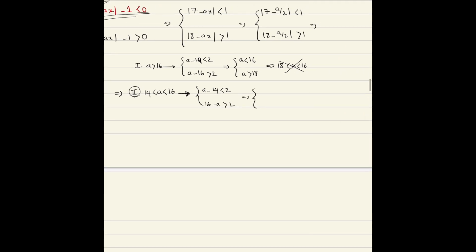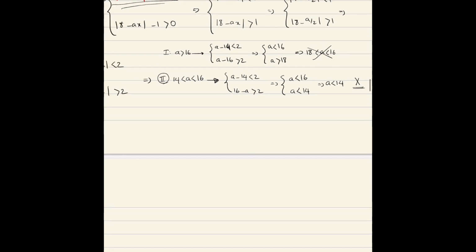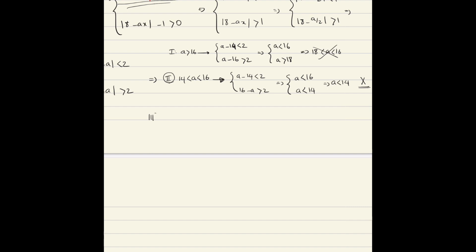So for the first part we have a's less than 16, and for the second part we have a's less than 14. So we will get a's less than 14. But initially the a's were between 14 and 16, so we do not have any a's for that. Let's go ahead for the third part.